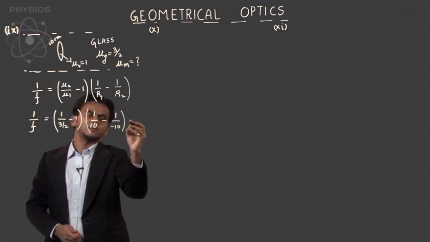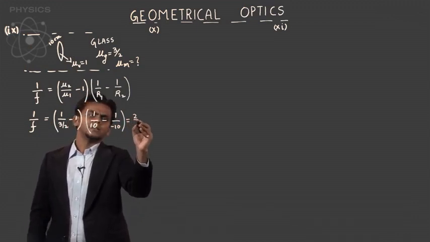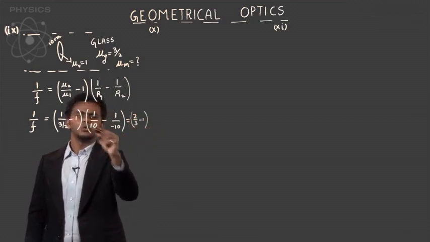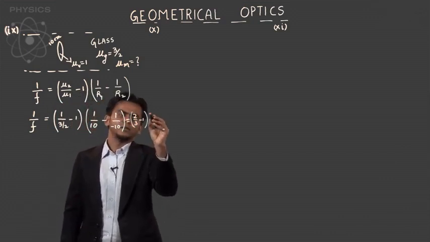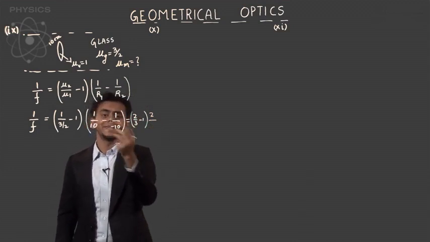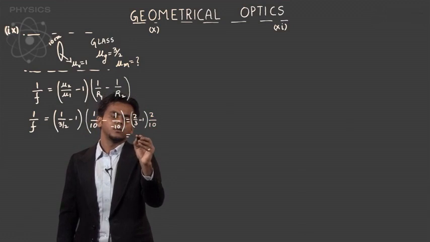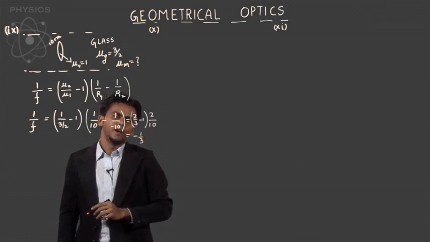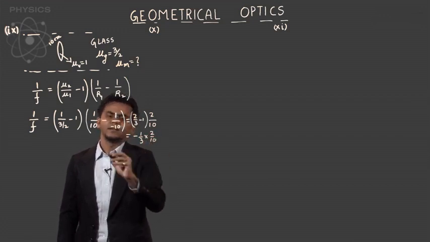This effectively becomes 2/3 minus 1, into 2/10, not 20, 2/10. So this becomes minus 1/3 into 2/10.